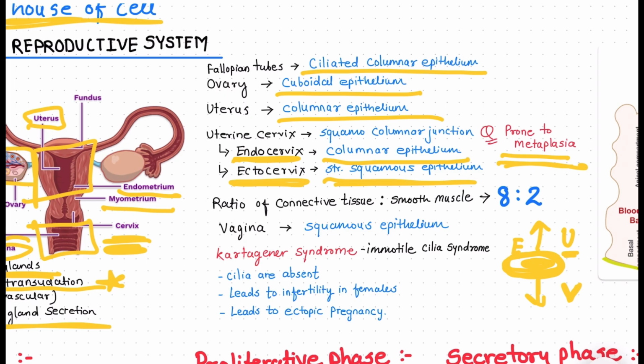The ectocervix, towards the vagina, will have the same lining as the vagina, stratified squamous epithelium. And the ratio of connective tissue to smooth muscle in the uterus is 8:2. The vagina is lined by squamous epithelium.